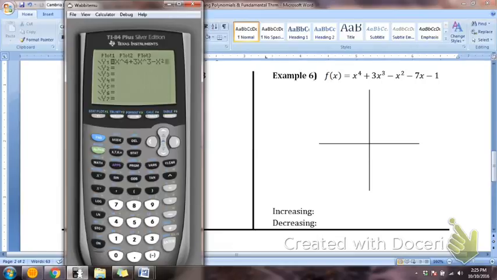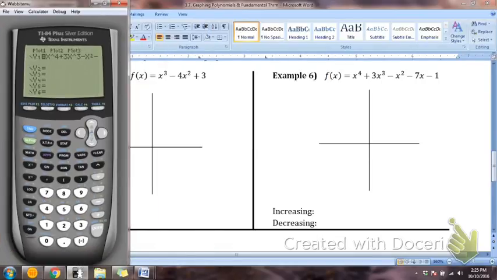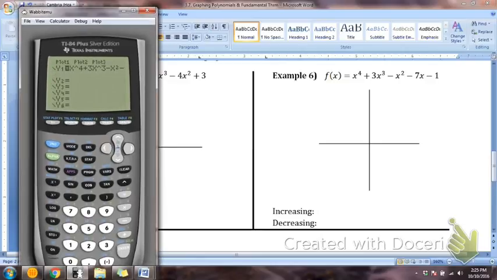Minus 7x. Minus 1. Your graph kind of looks like a W. How many times is this graph crossing the x-axis? Twice, right? So there are 2 zero values that you need to find. Okay, so it's crossing 2 different times.